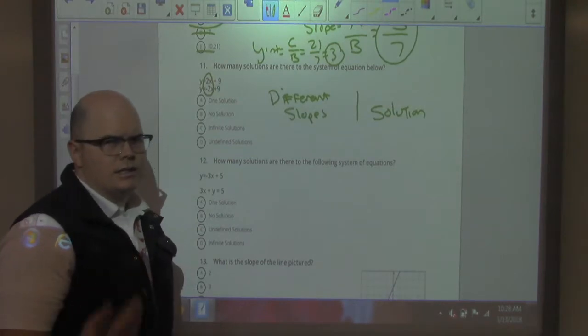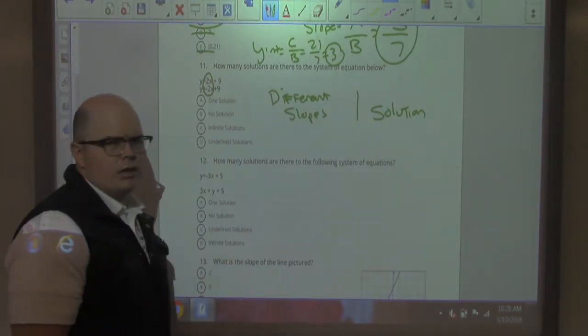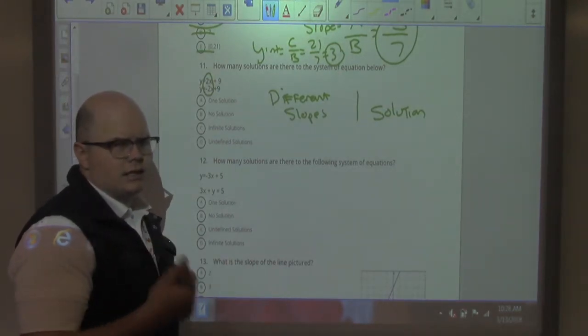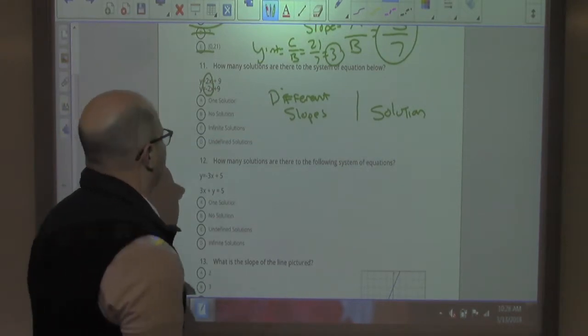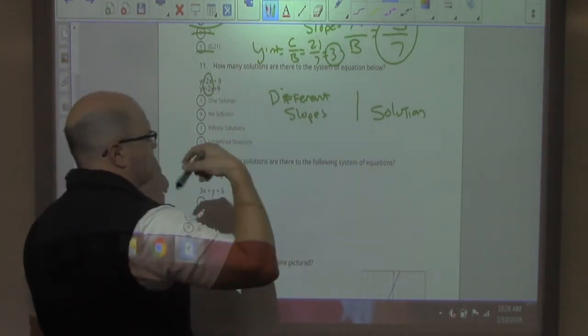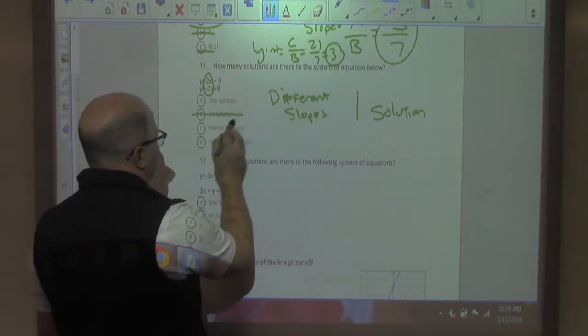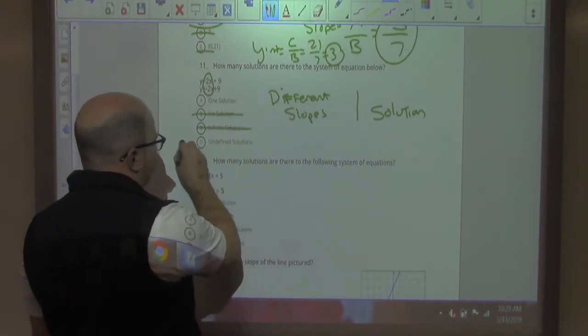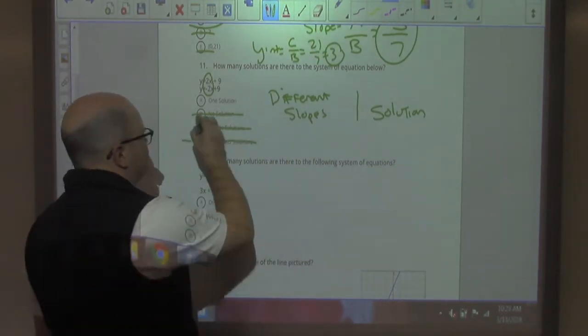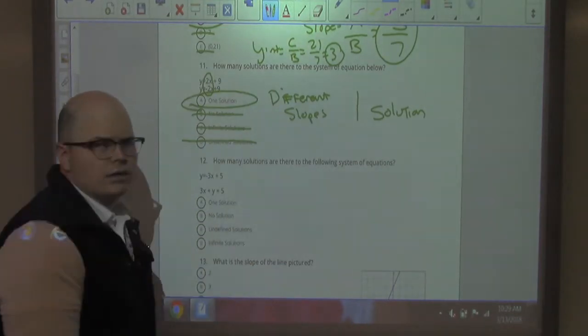Okay, if I had the same slope and the same y-intercept, I would have infinite solutions. And if you had same slopes and different y-intercepts, you'd have no solution. But since it's different slopes, it can't be no solution or infinite solutions. There's no such thing as undefined solutions, so it has to be one solution.